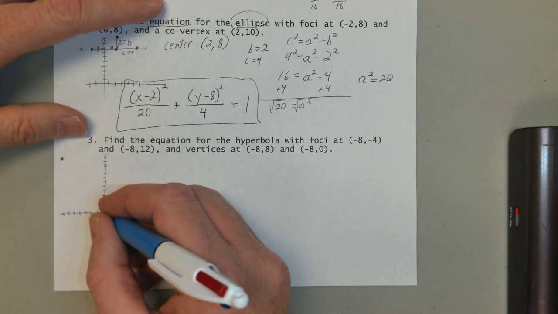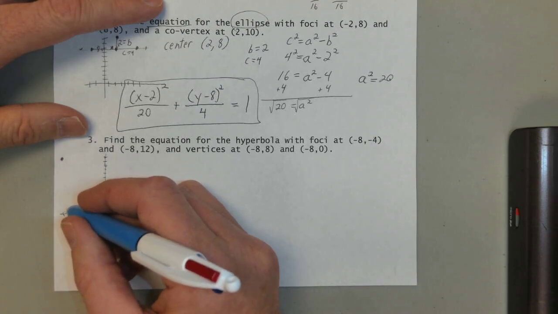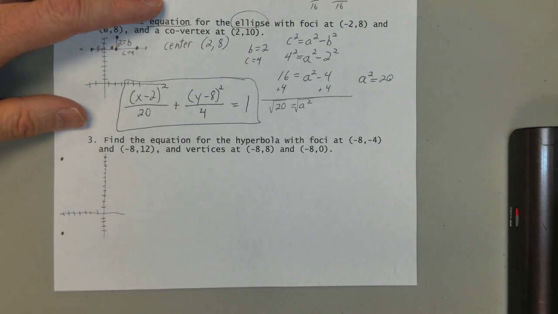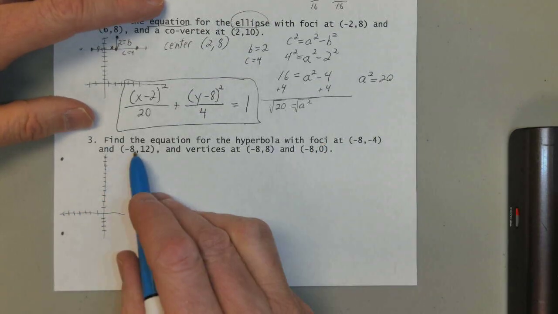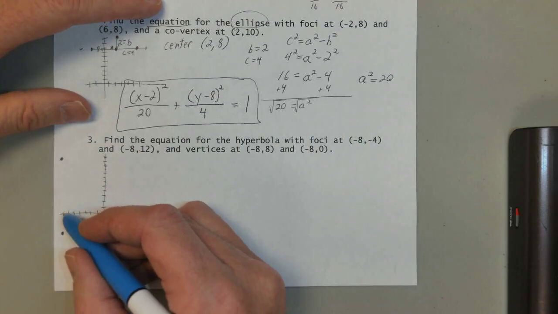Forgot to look at that. And (-8, -4) is down here. There's another focus. So there's our two foci.